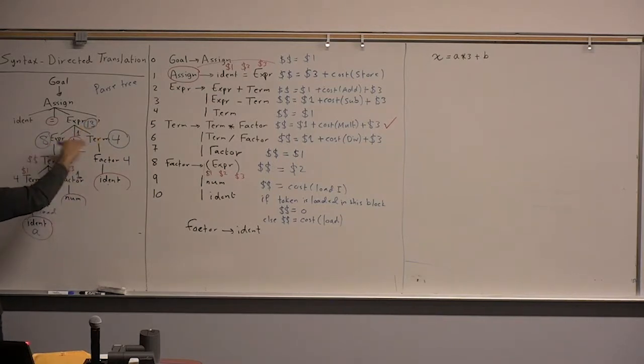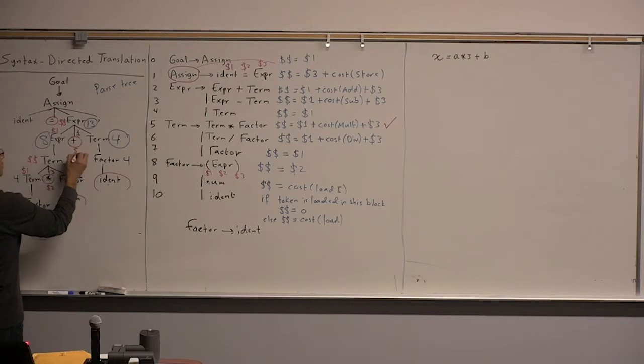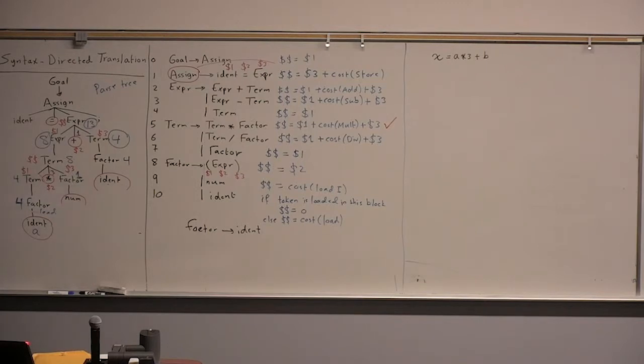And again, when you do this, at this point, $sign is the expression. $1 is this expression. This is $2, and this is $3. So when you are computing this expression, the parent expression is $sign.